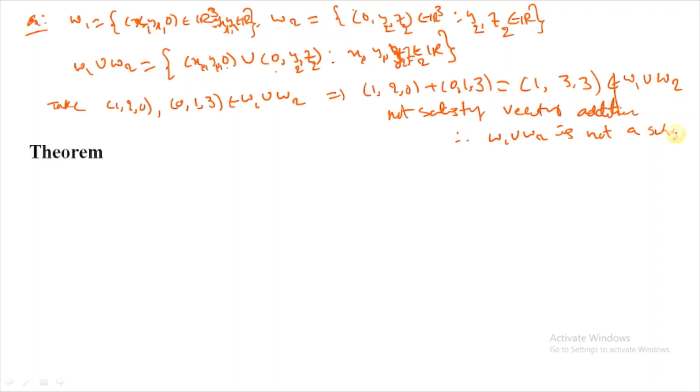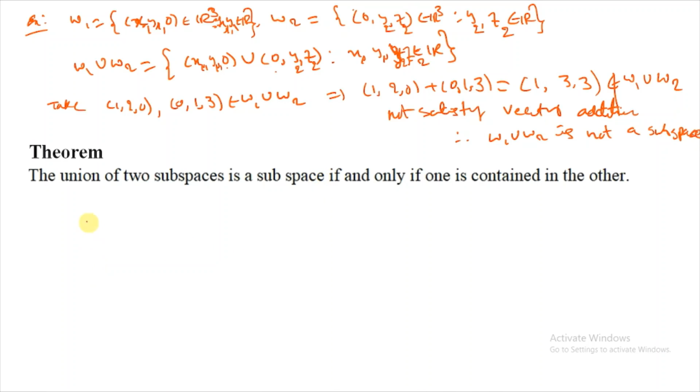But the intersection is always a subspace, but the union is not a subspace. And when it is a subspace, we'll see this theorem. The union of two subspaces is a subspace if and only if one is contained in the other.